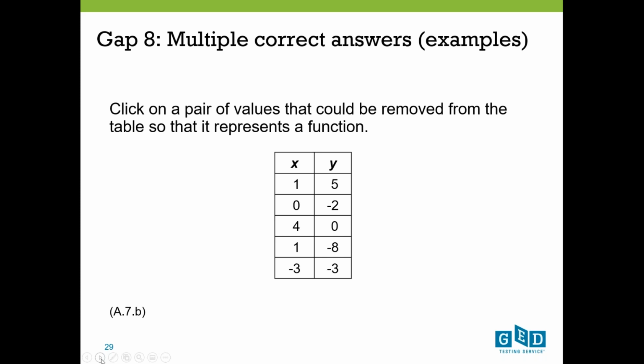Obviously, most of you already figured out, they could click on 1,5, and that way all these other four pairs would constitute a function. Or they could click on 1,-8 to remove it, and the other four pairs would then constitute a function. And unfortunately, this is a PowerPoint that's being projected, so I can't actually click on these to show you how it would work.